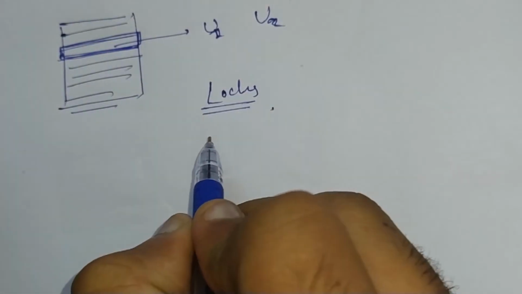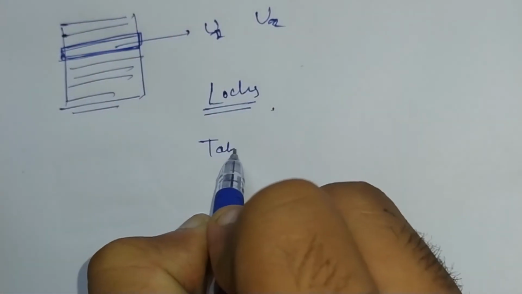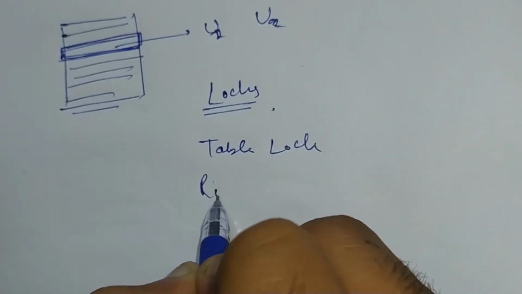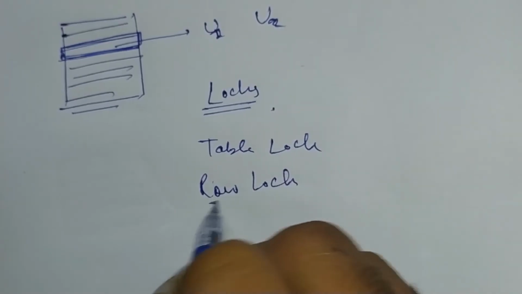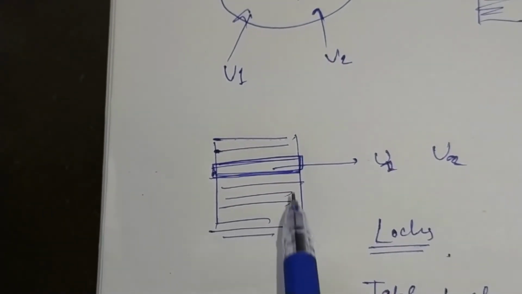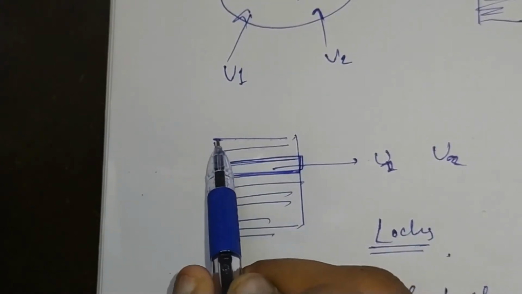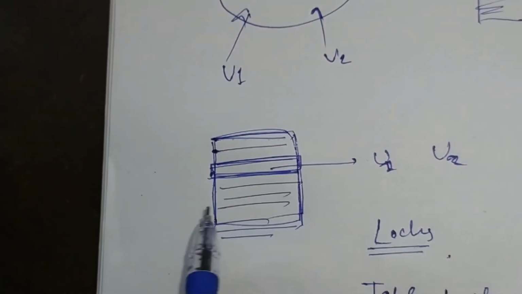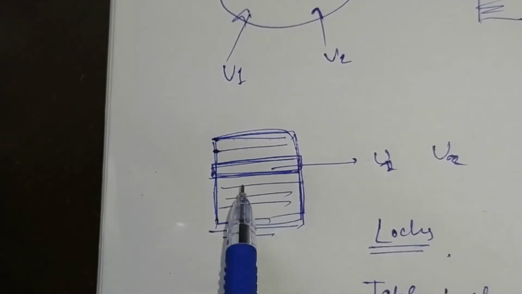So there are two types of locks. One of them is table lock, the other one is row lock. As the name suggests, in a table lock, when user 1 comes up, it will lock the whole table and no one else will be able to make any changes in this table.